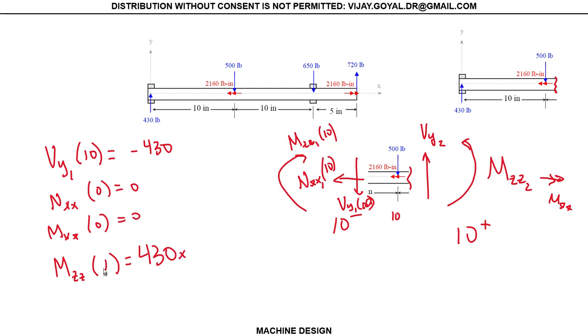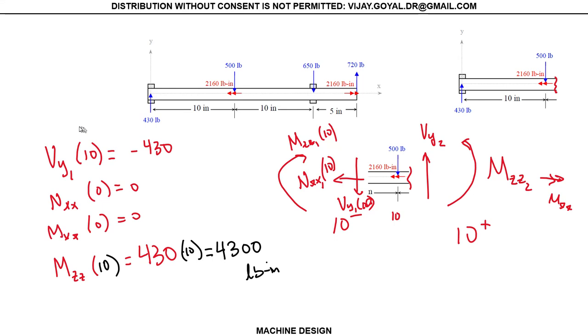We just found that. So if I replace x by 10, the answer you will get is 4,300 pound inches. Okay, this is the value of this.